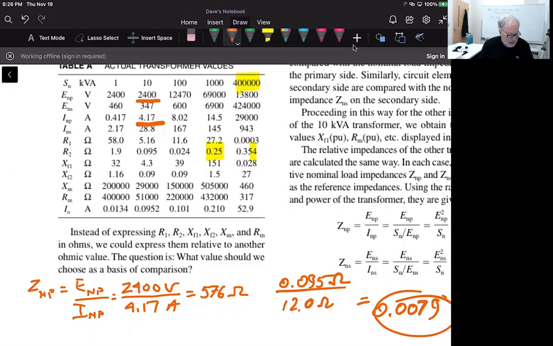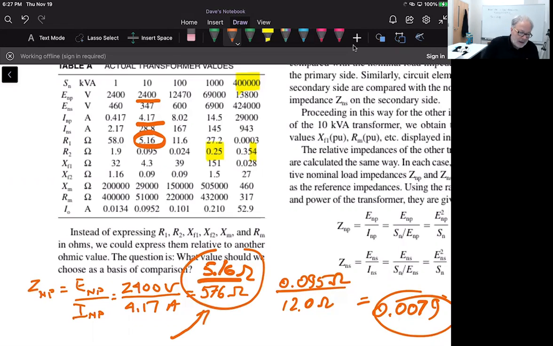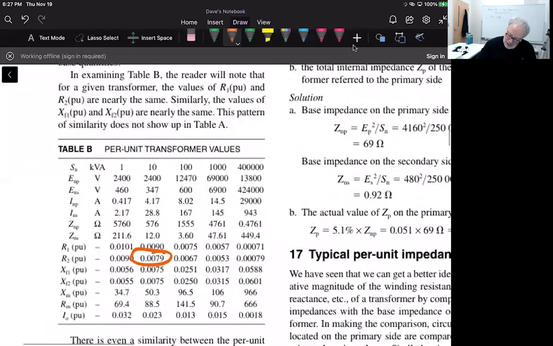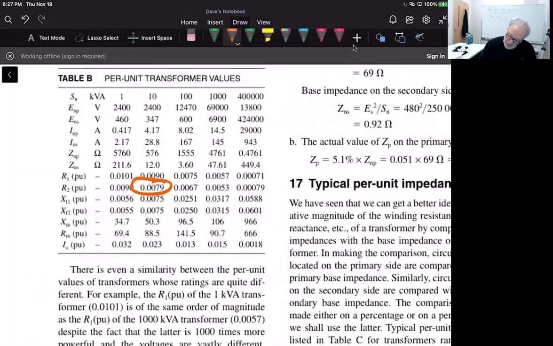Using this load impedance as a reference, the relative value of the primary resistance is that primary resistance divided by this nominal value that we came up with. And again, what we would do is replace the actual values with that number.